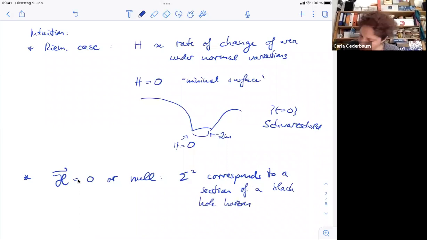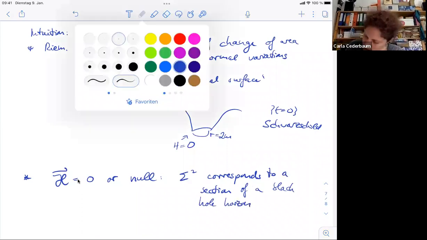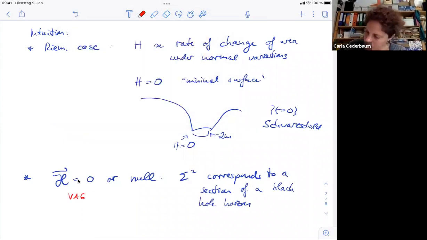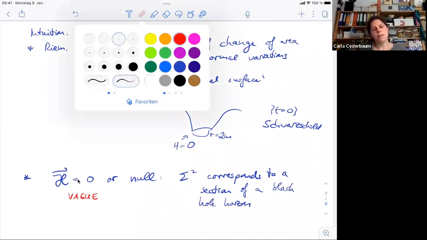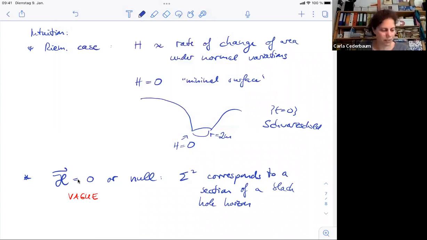And this is safe. Okay. But that's where this space-time mean curvature vector becomes important. So in other words, this is saying that this H is 0.